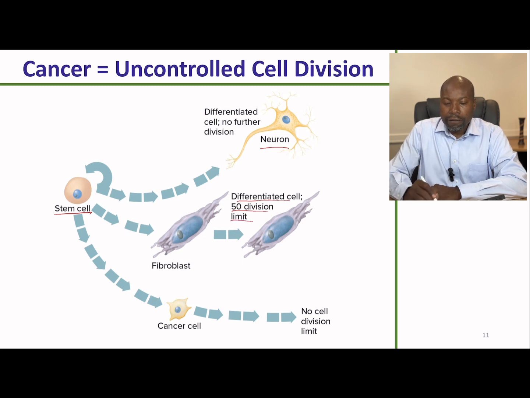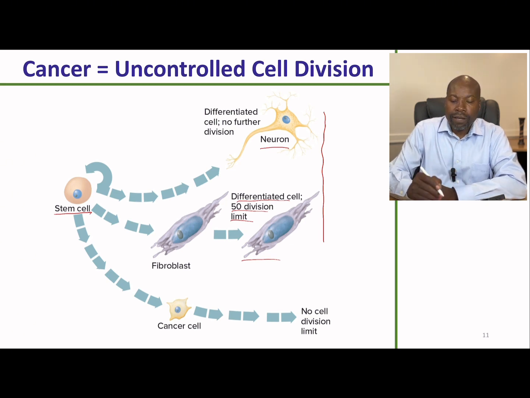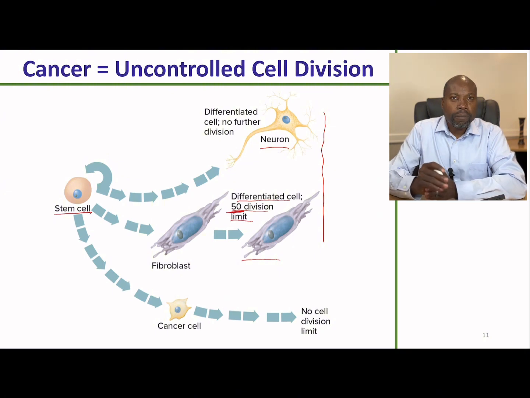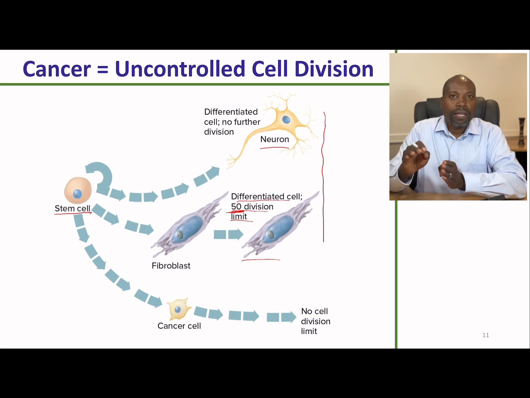Here we have a fibroblast, okay? Now, regardless of the differentiated cell, these cells can only multiply so many times, right? For instance, the fibroblast can divide up to 50 times, which means that after 50 divisions, these cells cannot multiply anymore. They are going to undergo apoptosis and die.